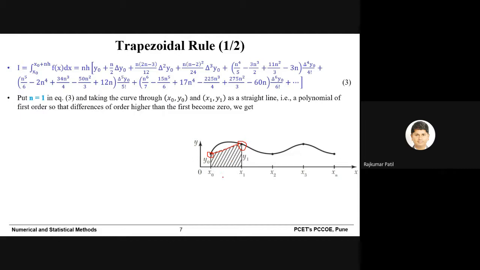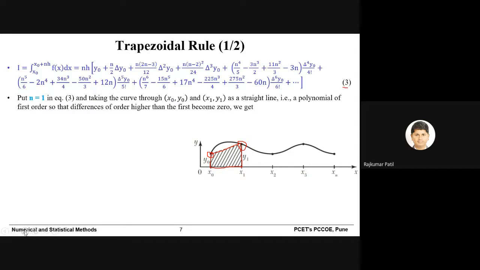And we join y0 and y1 by using a straight line. Here the straight line is very important. Once you join these 2 points, you can see the area which is hatched and whose boundary is highlighted by a red color, which will be a trapezoid, and its area can be calculated by using equation number 3.